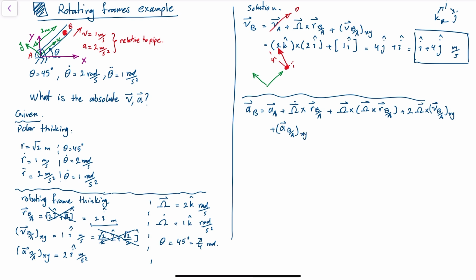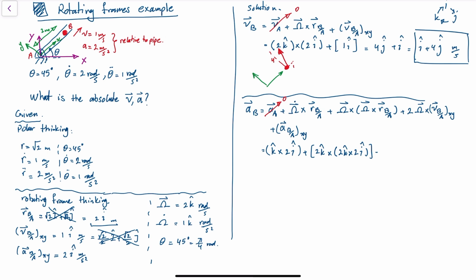As before, point A is fixed, our center of rotation, so its acceleration is 0. The rest is putting in the numbers. Omega dot is k, cross R of B relative to A, which is 2i. That is the first term. Plus omega 2k cross 2k cross 2i.